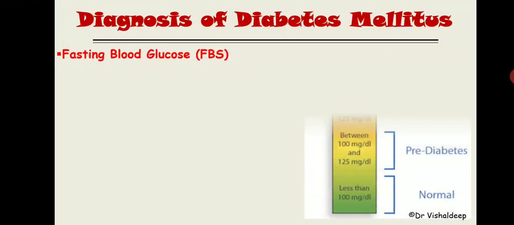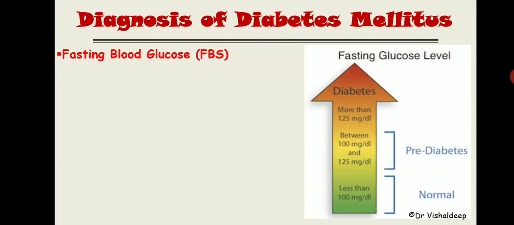Let me show you an actual figure. See, a normal subject has less than 100 milligram per deciliter of blood sugar, right? And a person suffering from diabetes has more than 125 milligram per deciliter. So a normal subject has less than 100 milligram per deciliter of glucose, and a diabetes patient has more than 125 milligram per deciliter of glucose.